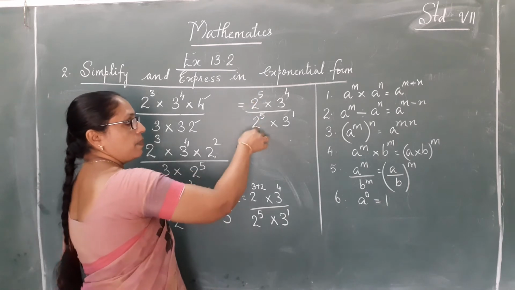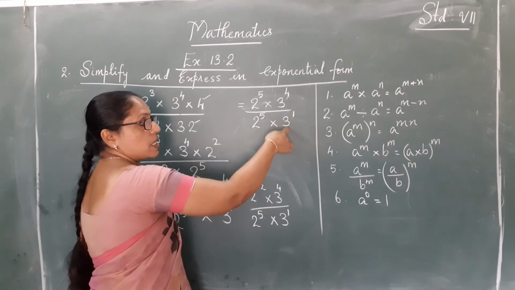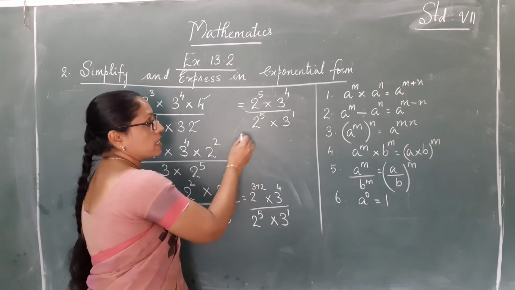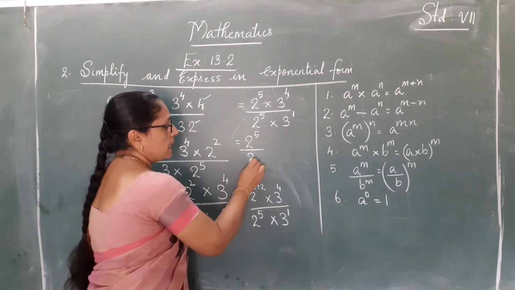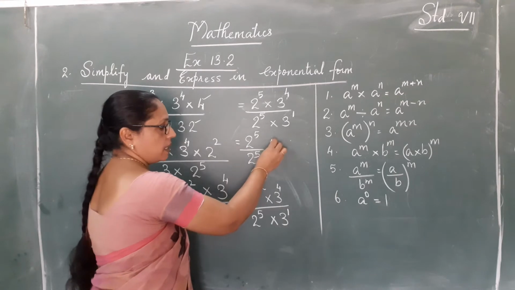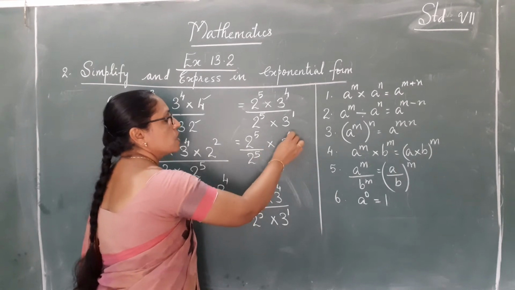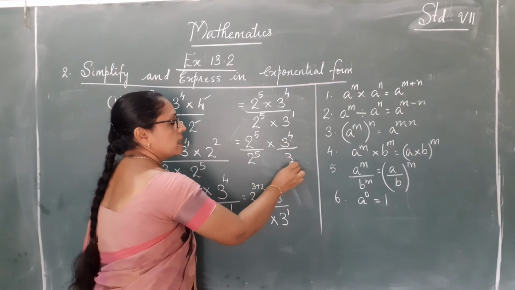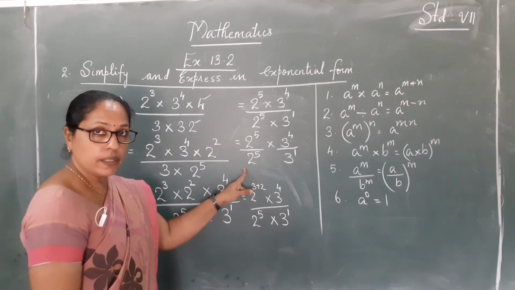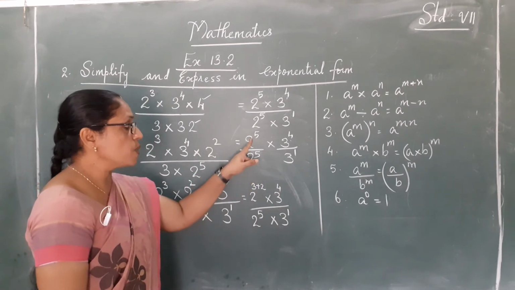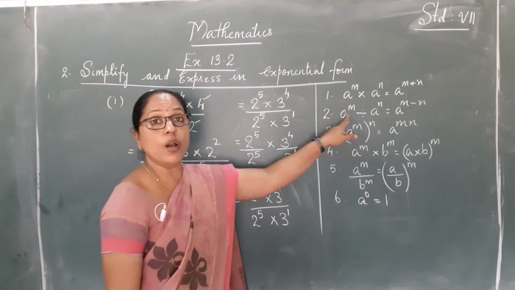So this can be taken in the division form. This also is division form, same base. So we can write 2 raised to 5 by 2 raised to 5 into 3 raised to 4 by 3 raised to 1. Now look, bases are same. So dividing the powers with the same base, second law.